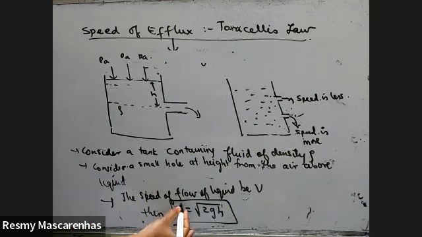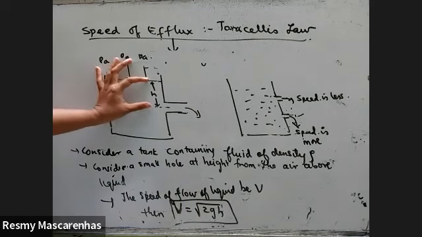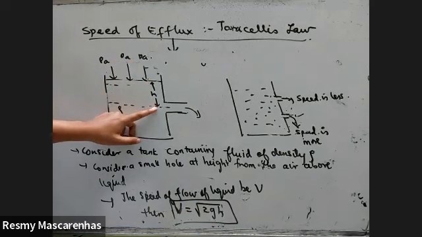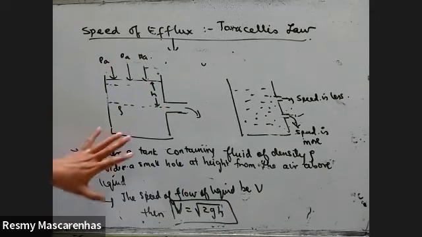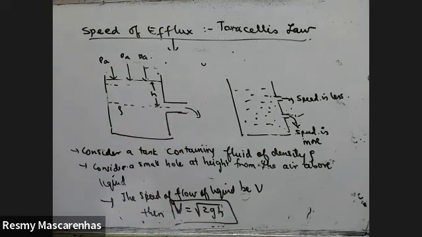So you have to know this formula also to solve the problems. If you have any fluid in a container, you know its height. The height should be from the air to the hole. There's the atmospheric pressure. So the speed formula, straight away given, is root of 2gh.